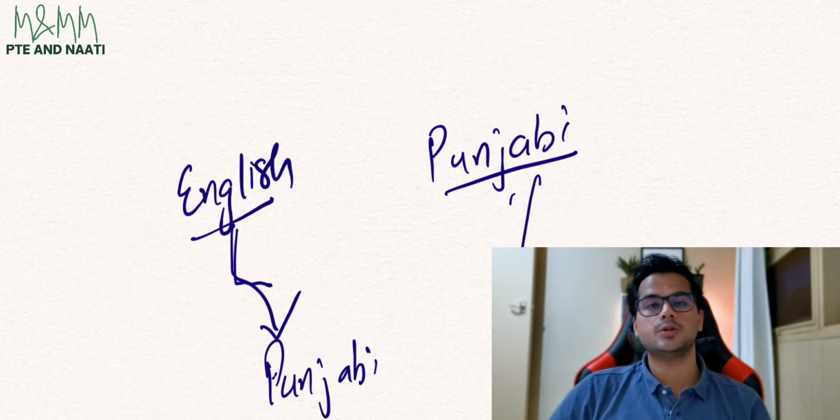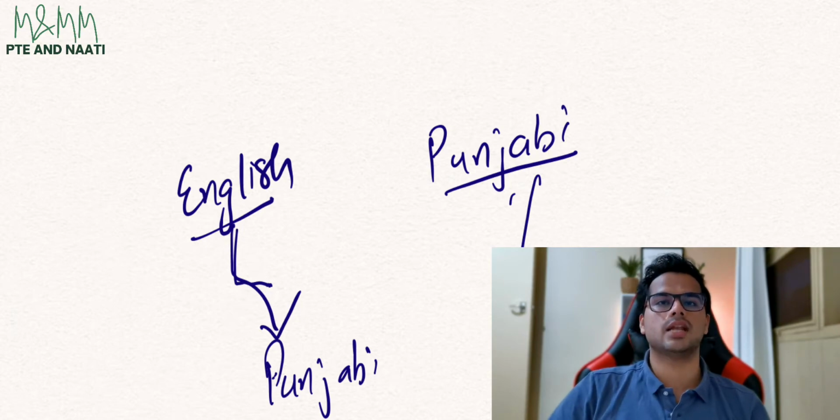Now, the first key strategy that I would encourage all of you to follow is: forget Punjabi. Even if you feel that your writing speed in Punjabi is good enough, I would still encourage you to take notes in English instead of Punjabi. In simple terms, use your text message language.